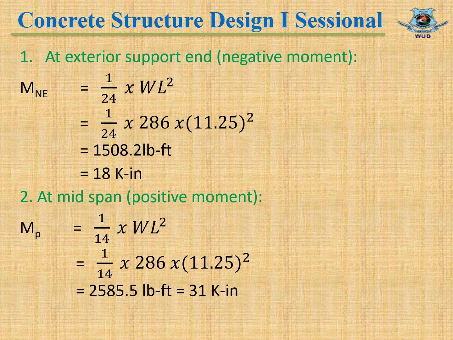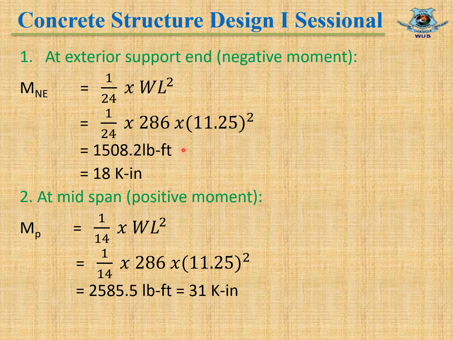At exterior support end, negative moment MNE equal to 1 by 24 into WL square. 1 by 24 as shown in previous slide. Here W equal to 286 pound per feet, L equal to 11.25 feet.